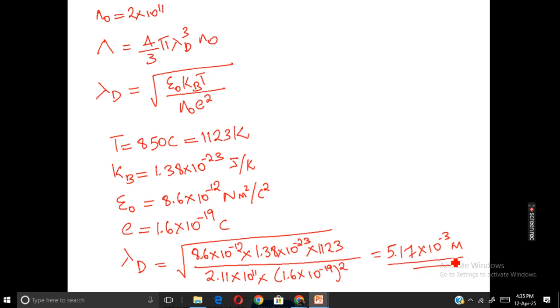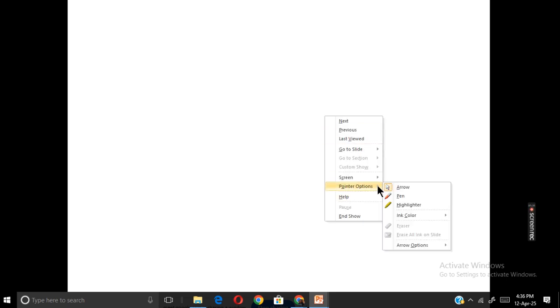Now we substitute this to find the plasma parameter. It will become 4 by 3 pi into 5.17 into 10 raised to minus 3 the whole cube into 2 into 10 raised to 11.